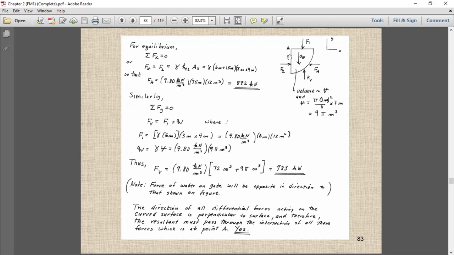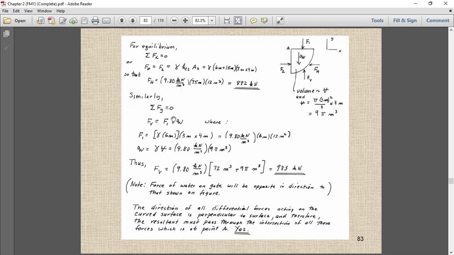So the area is 3 into 4 meter, because right now we are considering this surface, 3 meter into 4 meter, the length of the curved surface. This way we can calculate the force acting in the horizontal direction, that is 882 kilonewton.